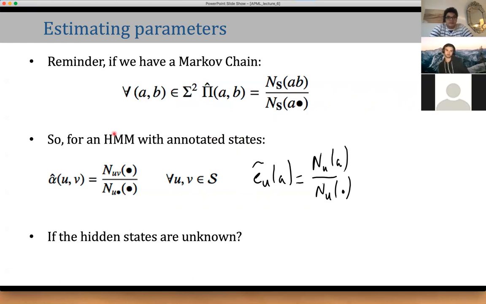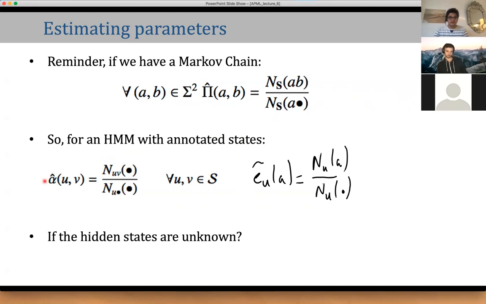If we have a hidden Markov model where the states are annotated, so where we know the states, we can decouple the Markov chain on the hidden states.